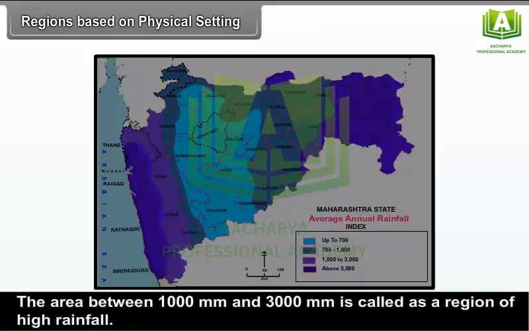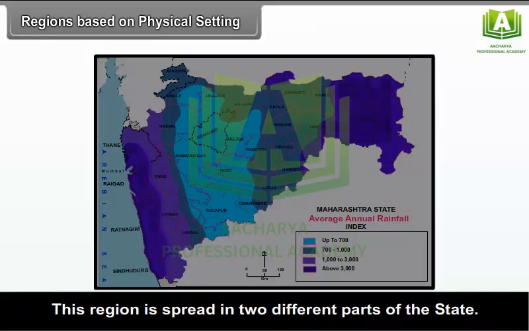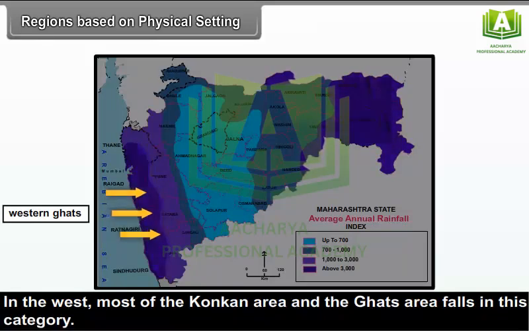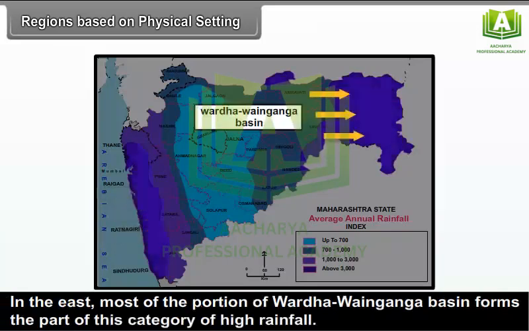The area between 1000 mm and 3000 mm is called the region of high rainfall. This region is spread in 2 different parts of the state. In the west, most of the Konkan area and the Ghat area falls in this category. In the east, most of the Wardha-Waiganga basin forms part of this category of high rainfall.